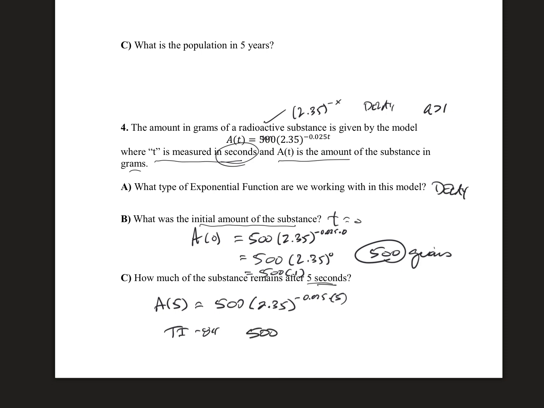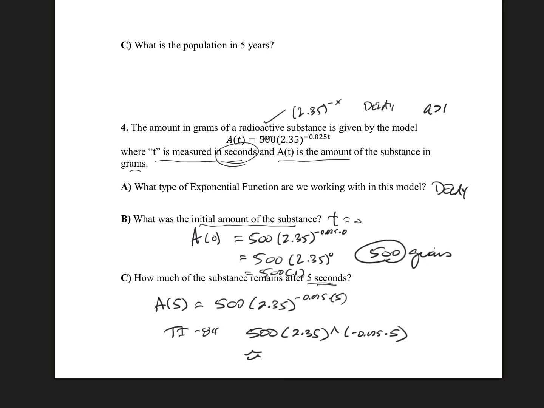It's going to be 500. I'm going to open up a set of parentheses, put 2.35 in there, open up the caret feature, and then in another set of parentheses, write negative 0.025 times 5, close parentheses.